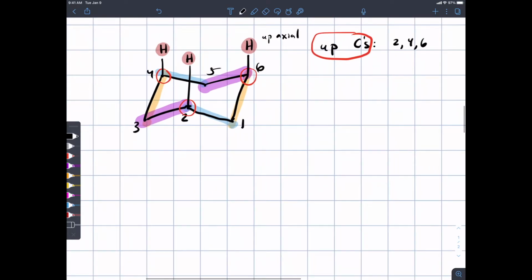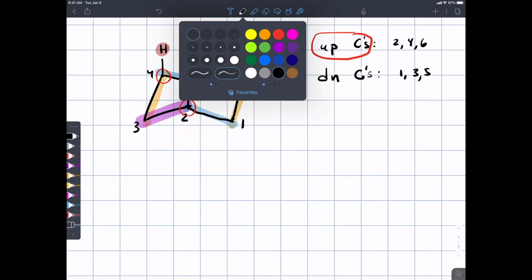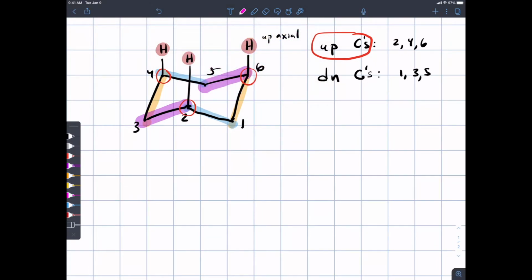Now, carbons 1, 3, and 5 are down carbons. And I'm going to highlight those with, I'm running out of distinctive colors. I don't want to choose red or green because of color blindness. Pink, okay, that's all right.